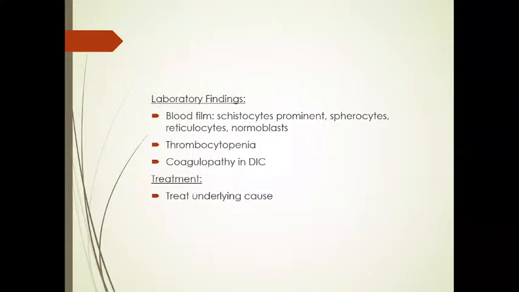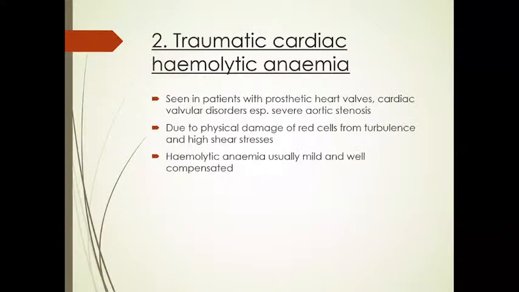For your DIC, if you do your coag screen, you'll find a prolonged APTT and PT, because they're using up all of these coagulation factors, forming these clots, but still we result in bleeding. So you do need to treat the underlying cause. It can be quite difficult to sort out.